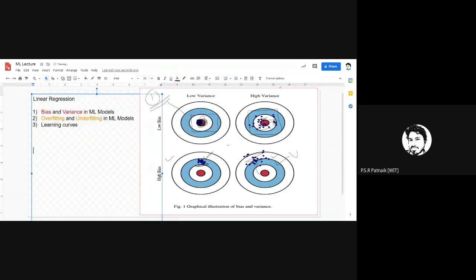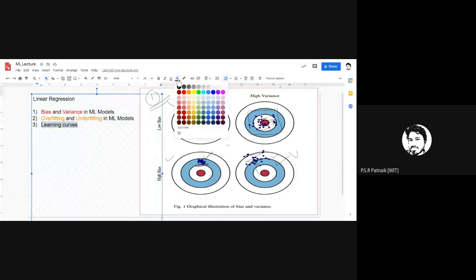During training, I have some indications whether my model is overfitting or underfitting. If I can control those during training itself, I can reduce them, and indirectly I can reduce the bias and variance of ML models. So how do I know that my ML model is going in the overfitting or underfitting direction? By looking at the learning curves.